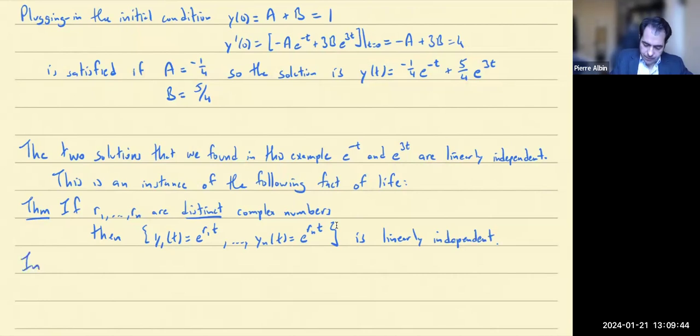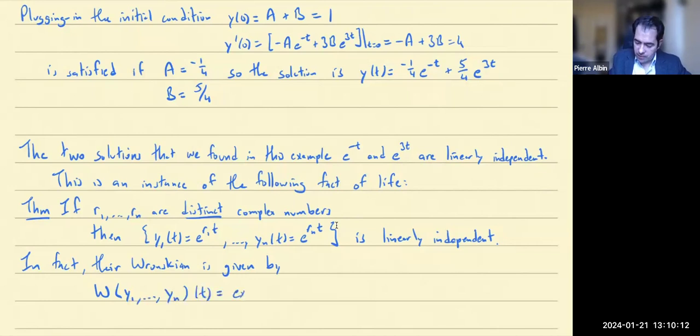Of course, you could check that in many ways, but in fact, their Wronskian has a simple formula. Well, the formula itself is simple. Proving that this formula is true might not be as simple. We're not going to do it, but I'll just tell you what the formula is.